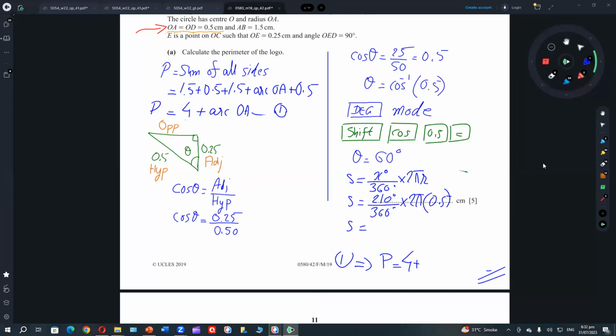Wait, sir, you're not gonna minus from 360 now? That was a mistake. I don't know how we wrote to minus 360. There's no need to minus from 360. Okay. So I got 1.83. 1.83. Yes.